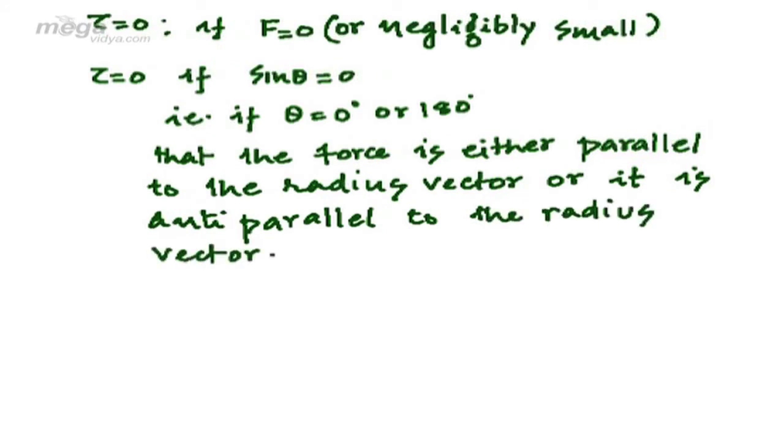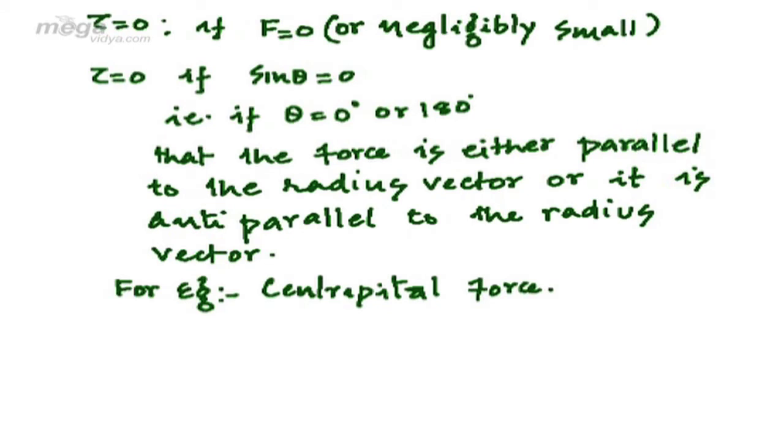For example, we can say since centripetal force is acting along the radius vector, it will not impart any torque on the particle. We can cite numerous applications of the conservation of angular momentum in practical situations also.